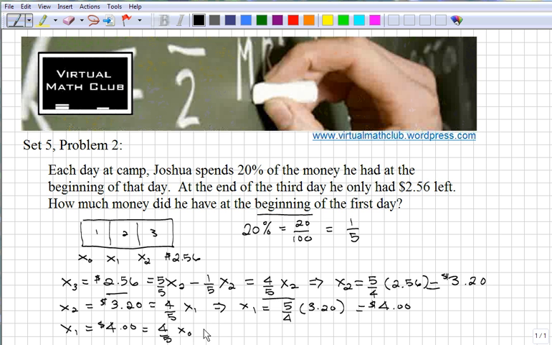Because he spent 1/5 of it, or 20% of it. And if you do that, x0 is equal to, divide by 4 and multiply by 5, and that gives you $5. Okay, so that's our answer. He had $5 at the beginning of the first day.